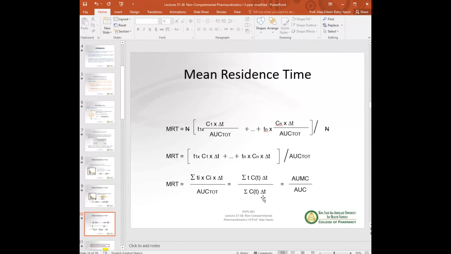It came to determine the mean residence time of this drug inside the body, which is the average of the mean of each group of molecules comprising this dose. We said that the molecules of the same dose will not behave the same. They move randomly inside the body.